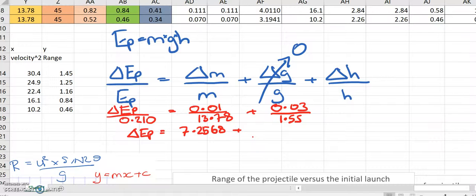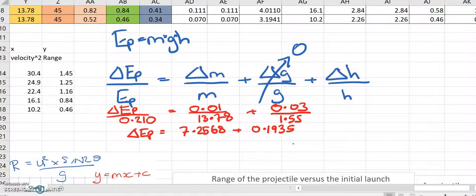Let me work that out on my calculator, which is 0.1935.